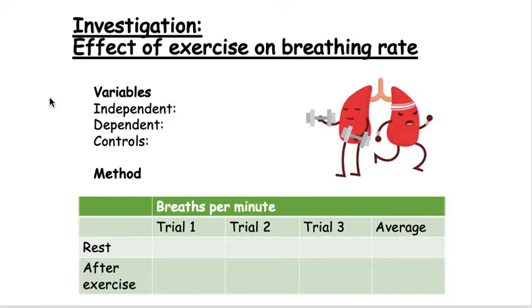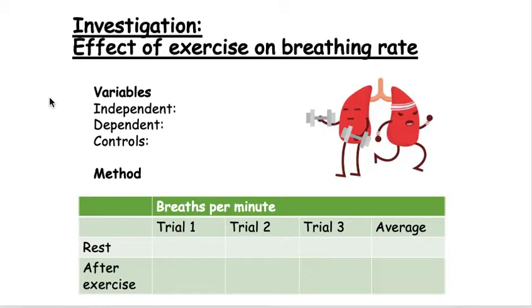So you might try to find your breathing rate when you are doing no exercise, so when you're sitting down. And then you might decide to find your breathing rate when you are doing a little exercise, such as maybe just walking quickly. And then you might even try more vigorous exercise to see if that has a different effect on your breathing rate, like sprinting around the place for a whole minute. So that's the thing that you are changing.